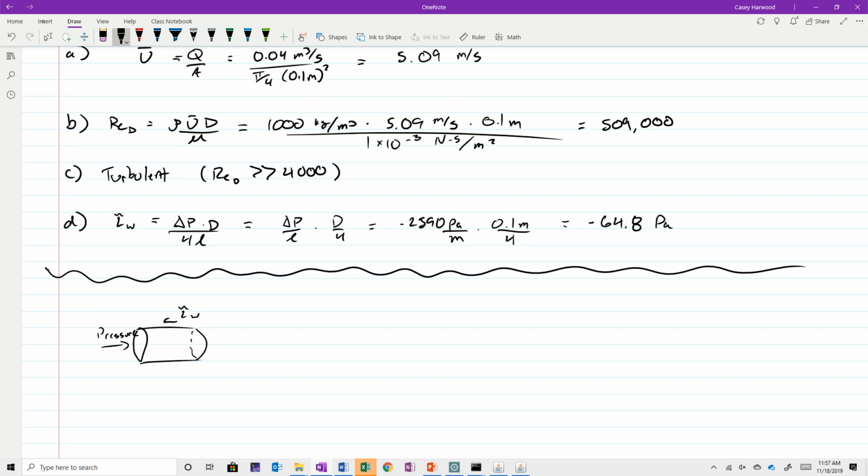And that led to delta P over L equal 4 tau W over D, or 2 tau W over R.